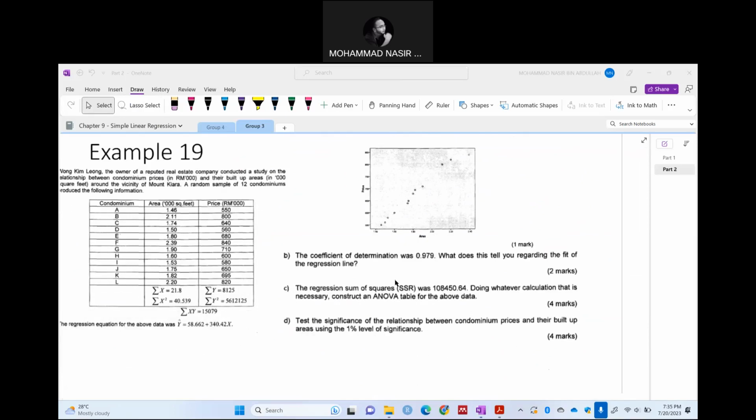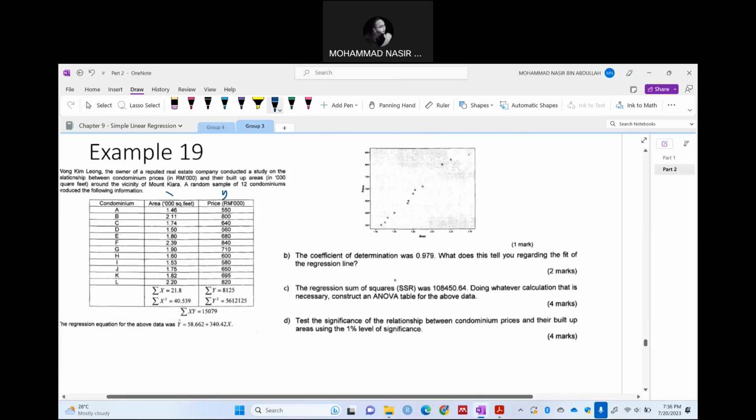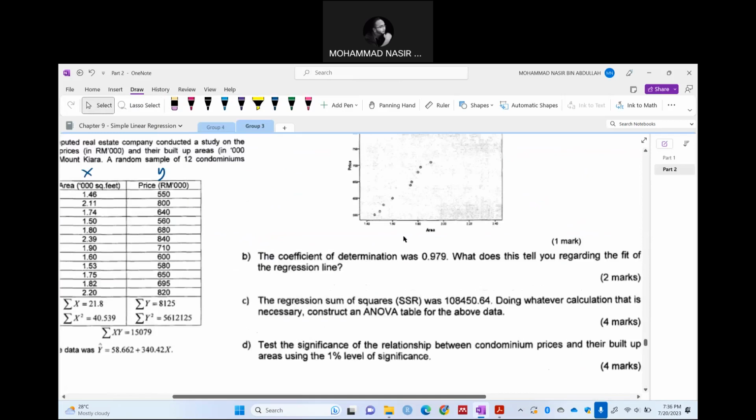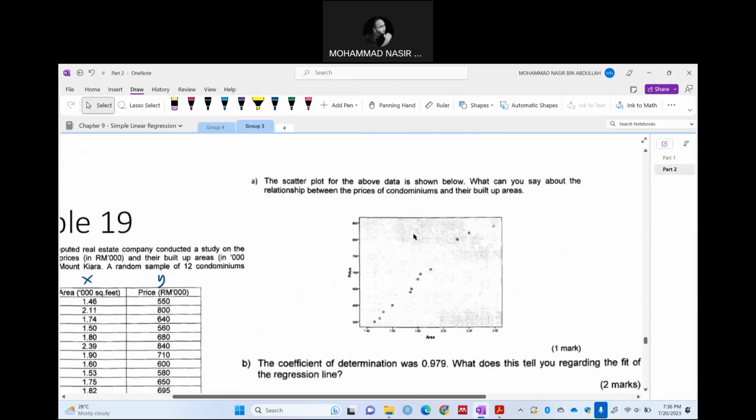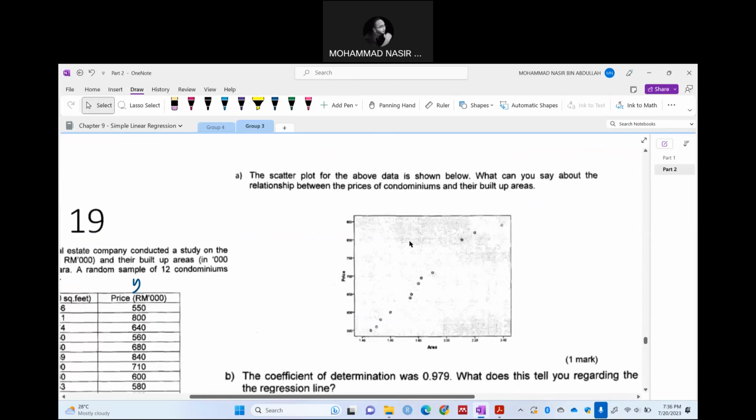Example number 19. So we have area, square feet, and price. Which one is the independent variable and which one is the dependent variable? Price is the dependent variable. Area is the independent variable. So based on the scatter diagram, you can see, right? So the scatter plot for the above data is shown below.